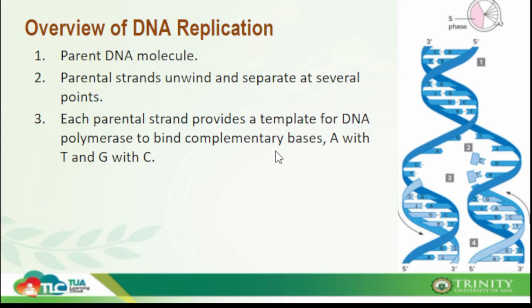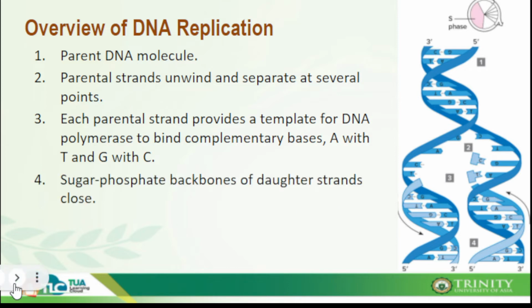And then, they will add nitrogenous bases to each nitrogenous base that is exposed. Eventually, after the production of your new DNA strand, the sugar phosphate backbones of the daughter strand will close. So this is just an overview. We'll study it in depth starting now.